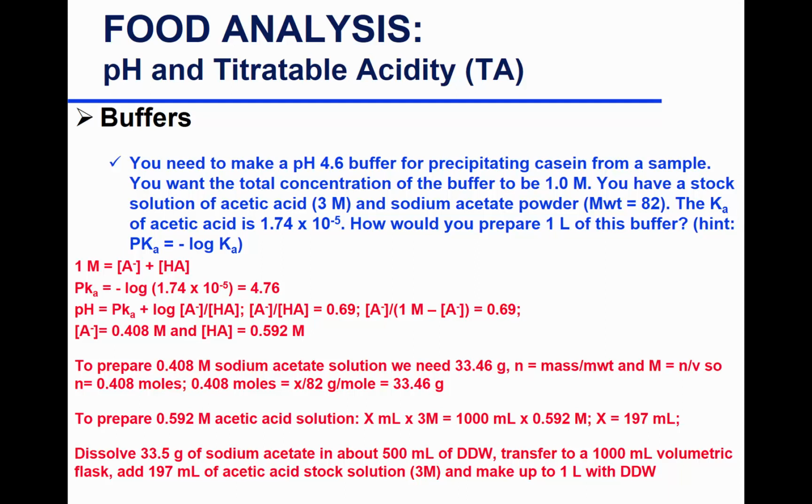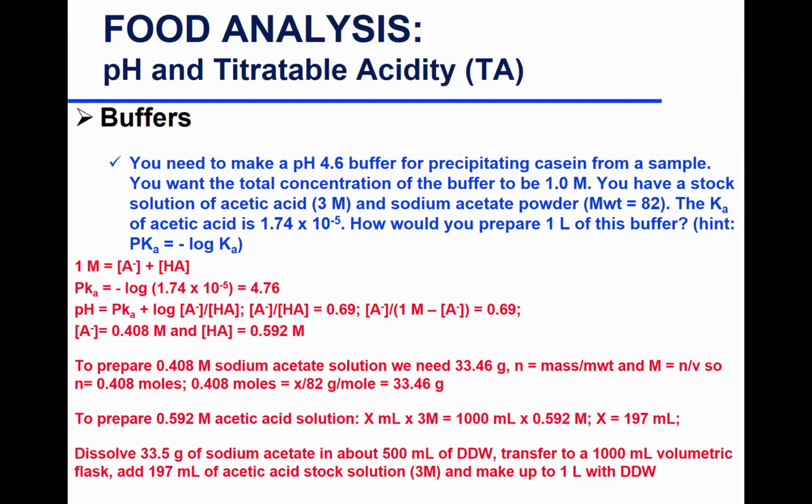And then you apply the equation of pH equals pKa plus log concentration of conjugate base over concentration of acid. So, and then you get, after you calculate, the ratio of A over HA, the concentration, is 0.69. That's by just doing the mathematical conversion of log.